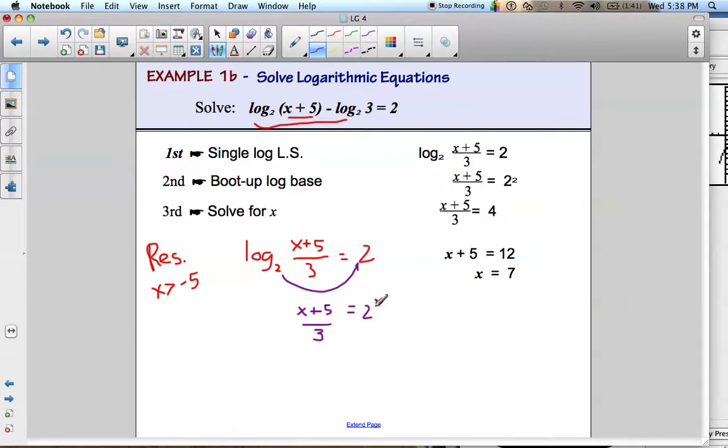Now we have 2 to the power of 2. Well, I know what that is. That's just 4. So we change that to a 4. Now, because there's a fraction over here, make this into a fraction. Cross multiply.